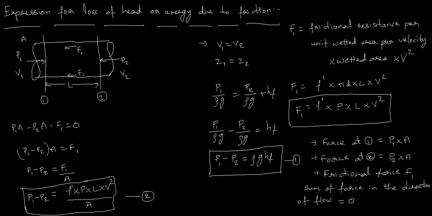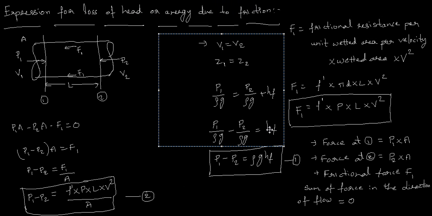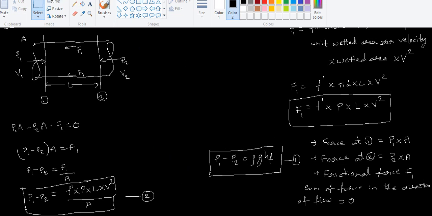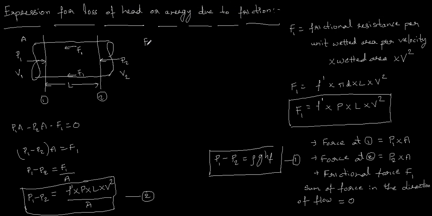So I want to make these two equations equal for getting the expression for the loss of head due to friction. So I want to erase this one. From 1 and 2, both should be equal. 1 is equal to 2, so we can write it as rho g h f is equal to f dash into P perimeter into L into V square by A. And again I want to write hf, which is the required loss of head due to friction.